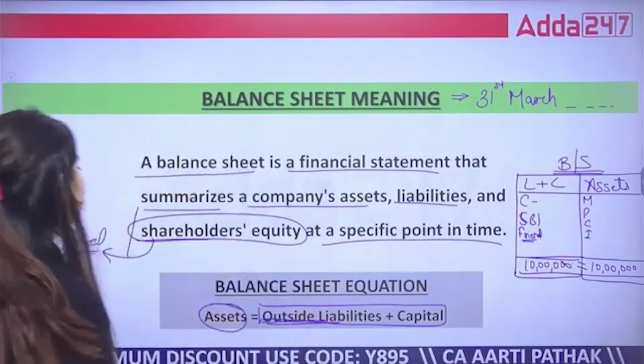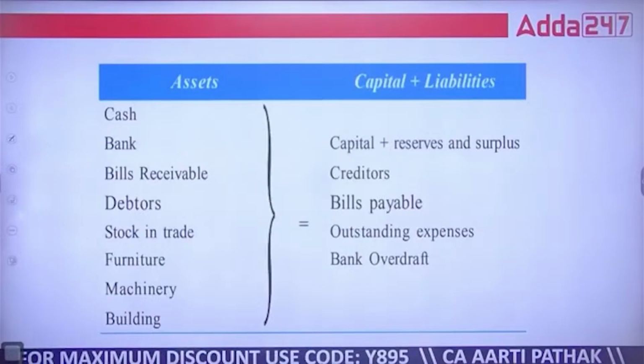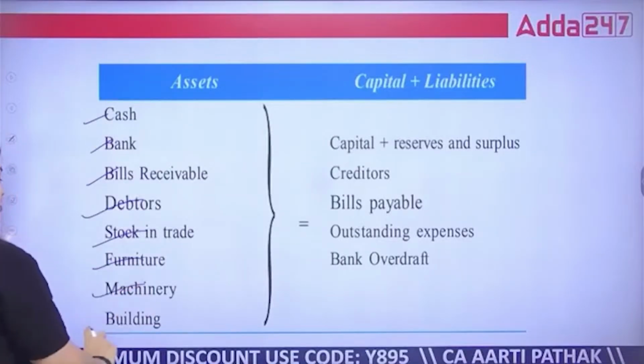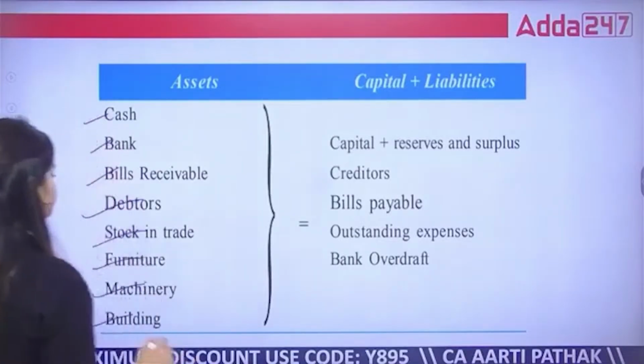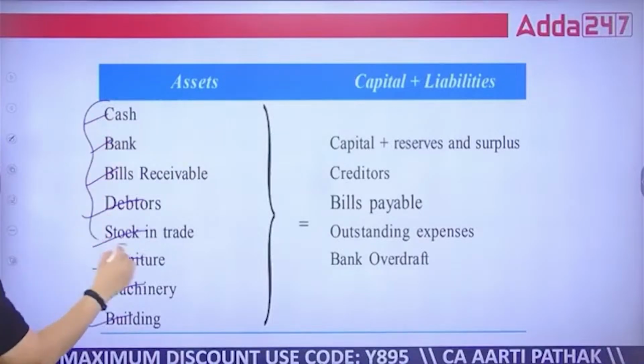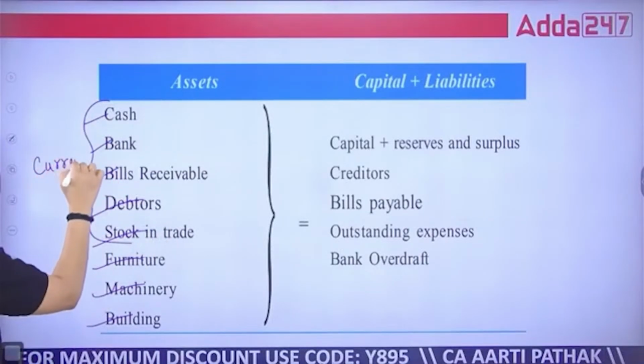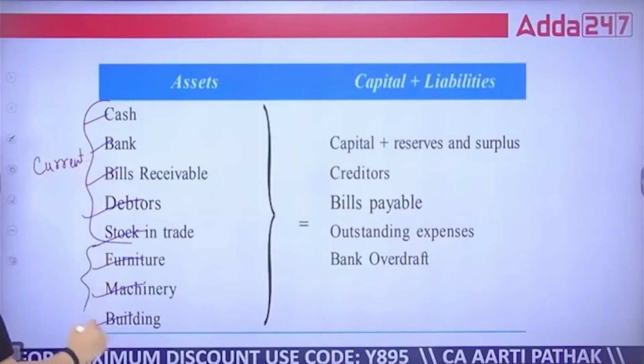Okay, chaliye. Now let's see what are the things that will fall under assets. Cash, bank, bills receivable, debtors, stock in trade, furniture, machinery and building. Till stock in trade, all these are your current assets. And from furniture to machinery, building, all these are your fixed assets.